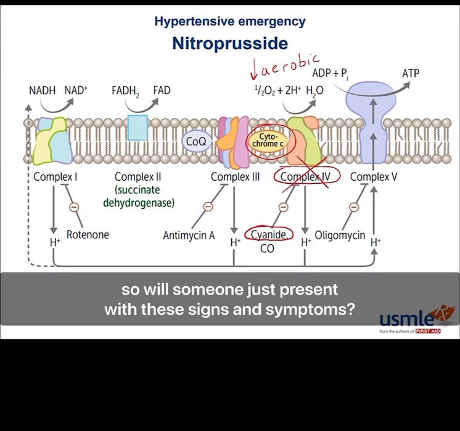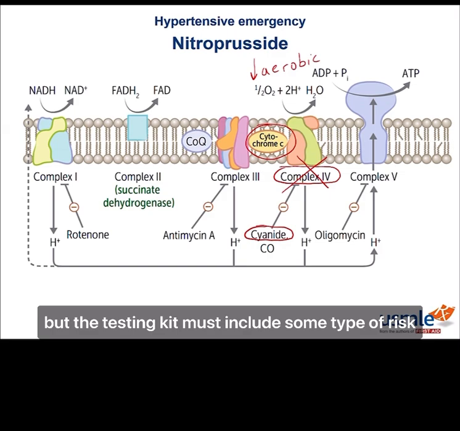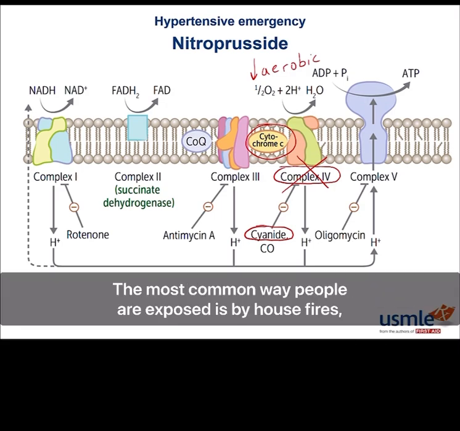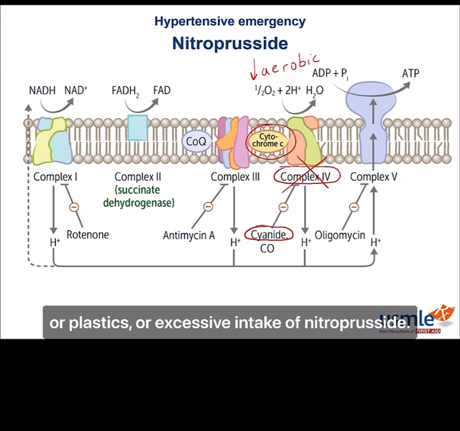Okay, so will someone just present with these signs and symptoms? Yes, of course. But the test vignette must include some type of risk or clue that the patient was exposed to cyanide. The most common way people are exposed is by house fires, also followed by industrial production of heavy metals or plastics, or excessive intake of nitroprusside.